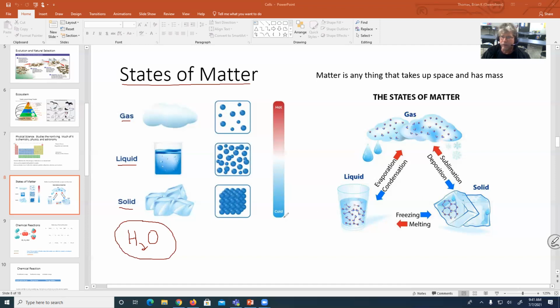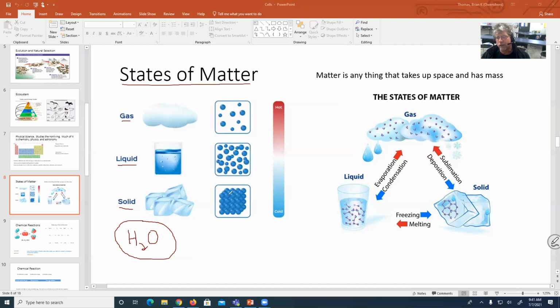Okay. Something else they point out here: temperature has a lot to do with states of matter. And notice that when it comes to gases, the molecules are really far apart. In a solid, they're a lot closer together than they are in a gas.